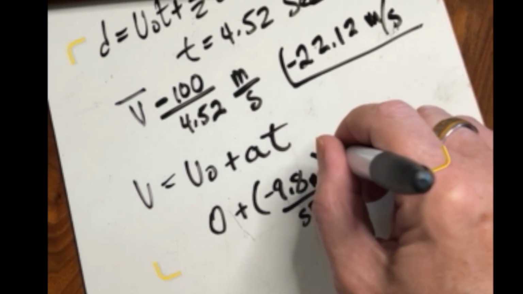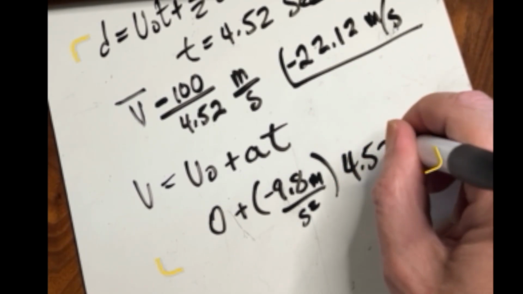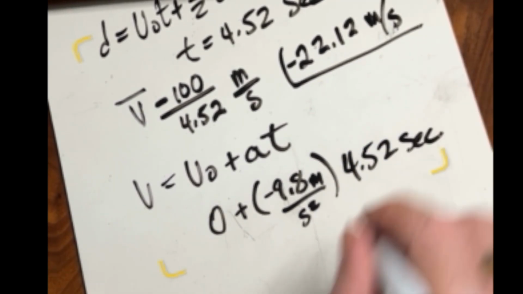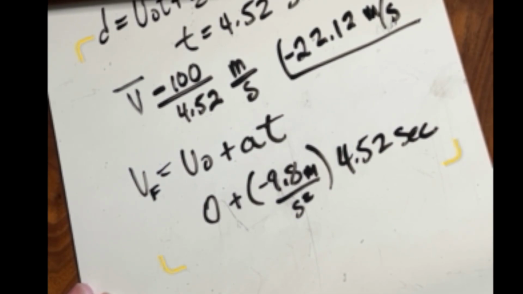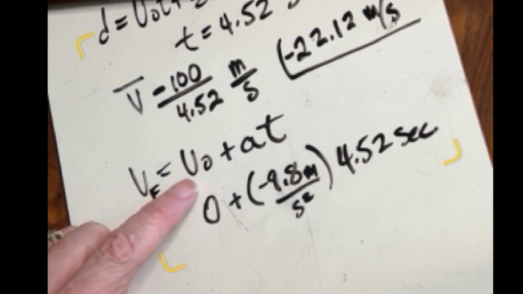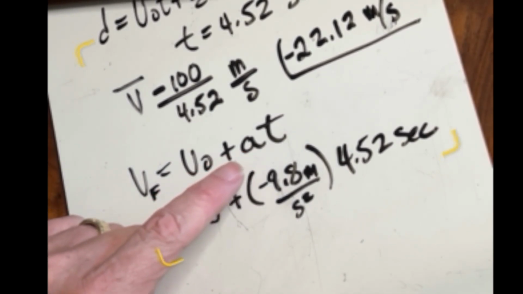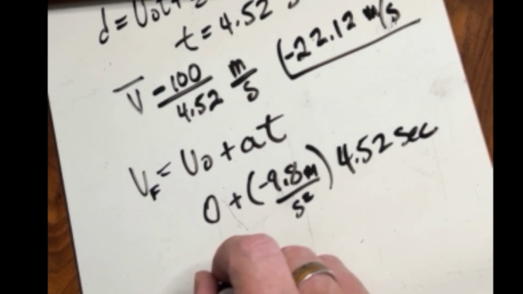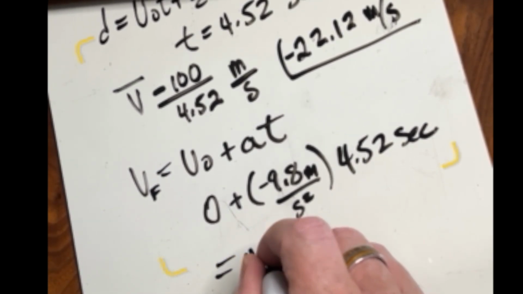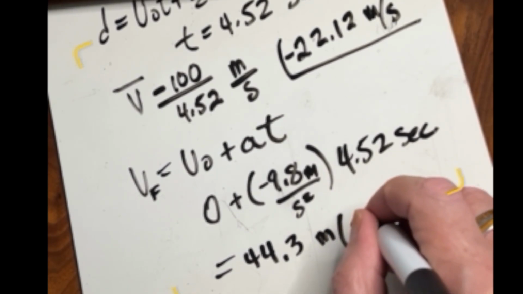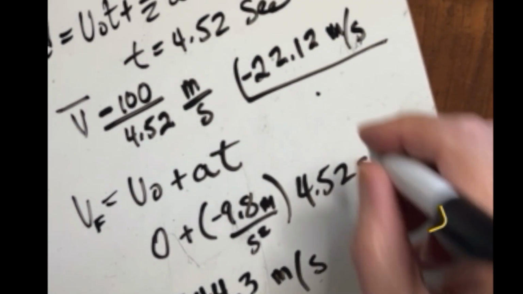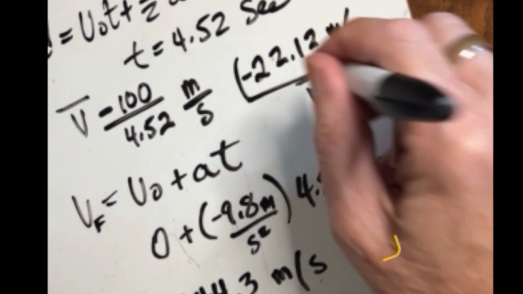And our time was 4.52 seconds. I guess you could actually call this final velocity. So final velocity equals initial velocity plus acceleration times time. That equals 44.3 meters per second.